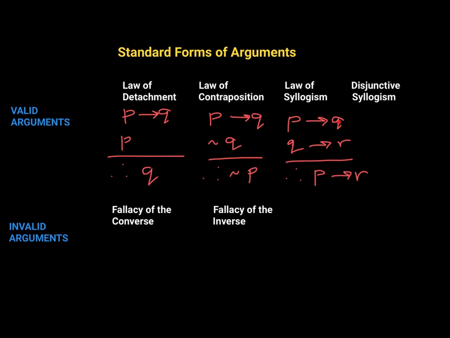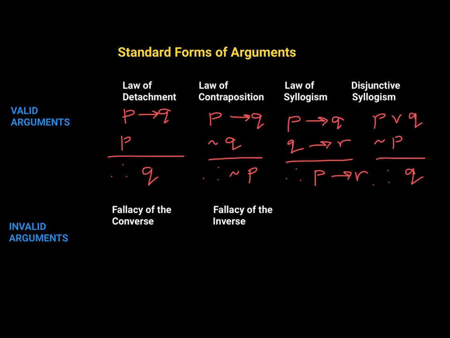If P, then Q. And if Q, then R. That means if P, then R. Okay, that's the law of syllogism. Disjunctive syllogism, we did look at that, and that is P or Q, and not P, we can conclude Q.